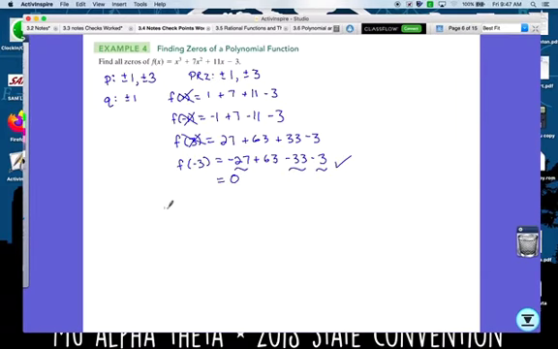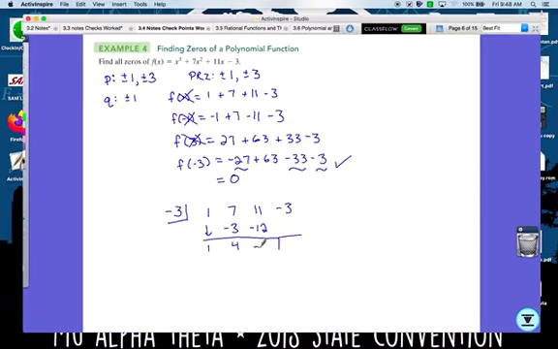All right, so we do our synthetic division. Put the negative 3 in the box. We've got 1, 7, 11, and negative 3 as the coefficients and constants of our function. We bring down the 1, multiply by negative 3, and add to give me 4. That gives me negative 12.